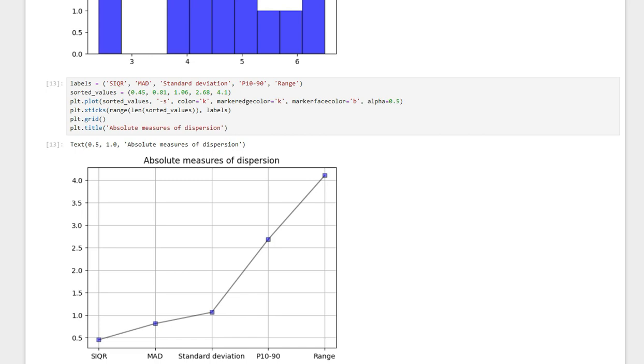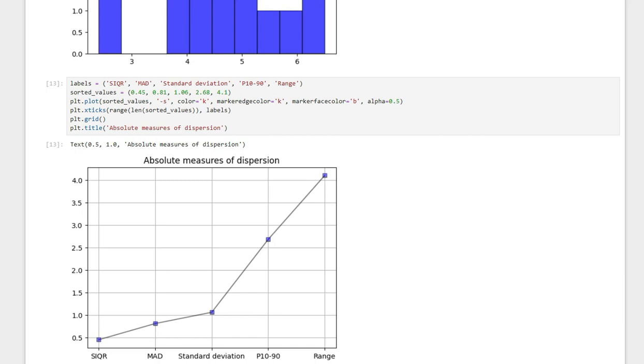And then the P10-90 is wider than the semi-interquartile range and the standard deviation, so showing more variability in the 80% of the data distribution.